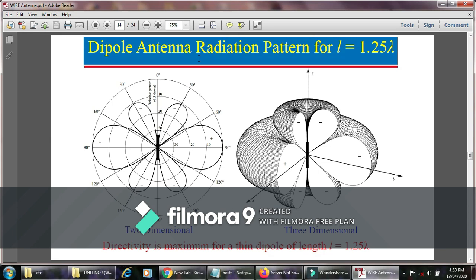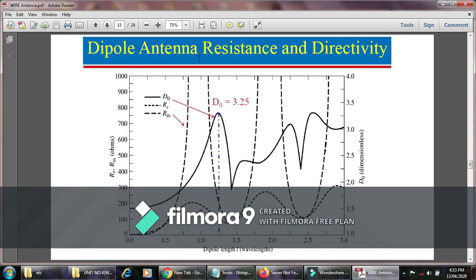Then this is the dipole antenna radiation pattern having the length L equal to 1.25 lambda. On the left hand side and right hand side is the same radiation pattern, but it is represented differently. First is the two-dimensional radiation pattern and the next is the three-dimensional radiation pattern. The directivity is maximum for a thin dipole having the length L equal to 1.25 lambda.